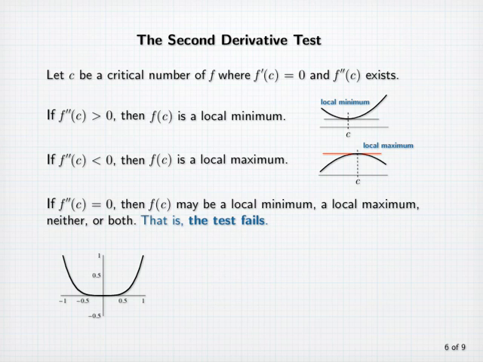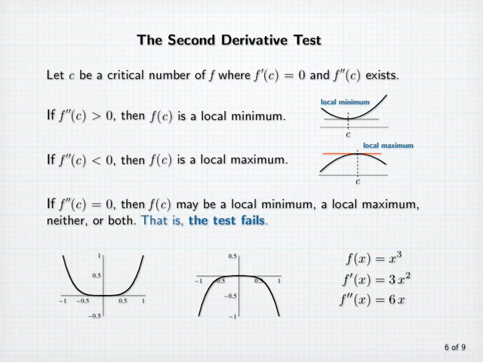On the other hand, if f of x equals minus x to the fourth, then again f' of 0 equals 0, and 0 is the only critical number, and f" of 0 is also 0. This time, the graph is always concave down, and f of 0 is a local maximum, in fact a global maximum.